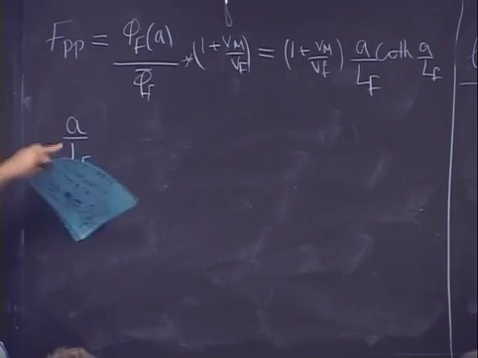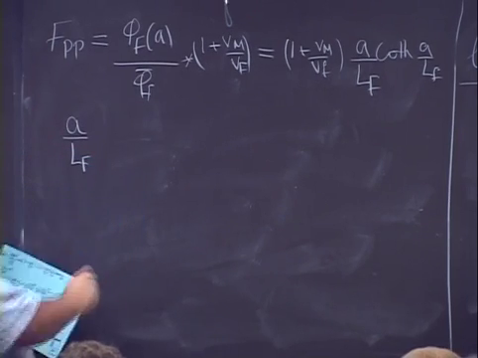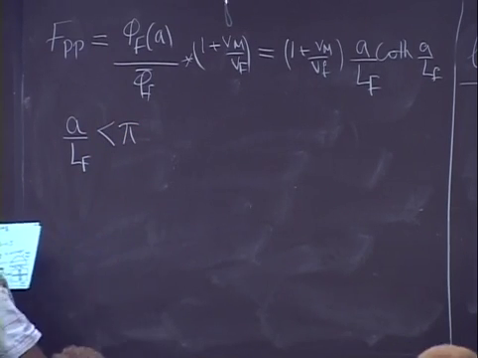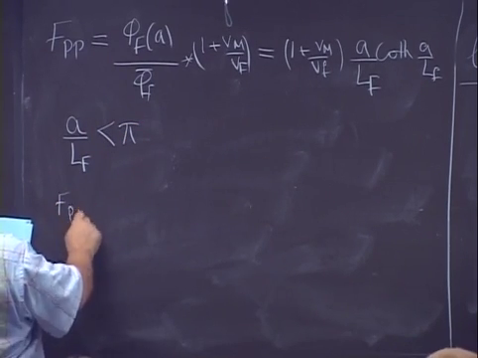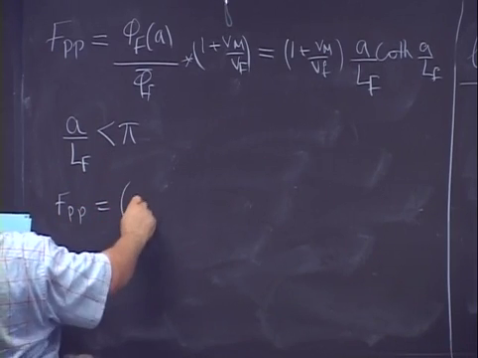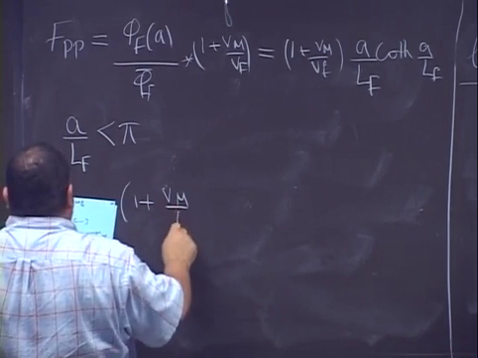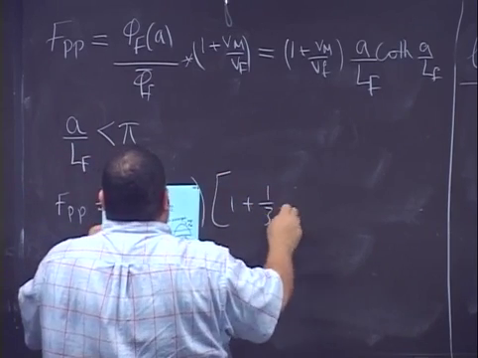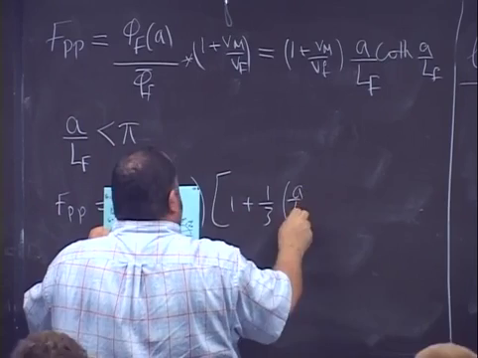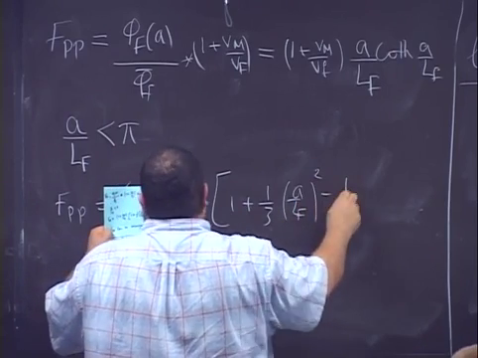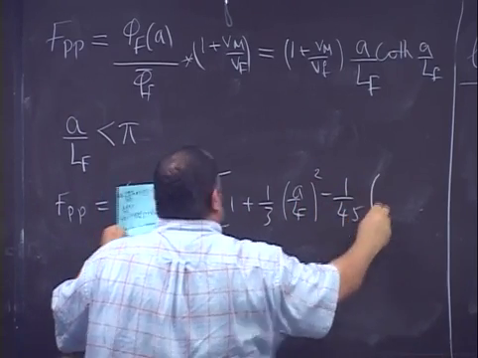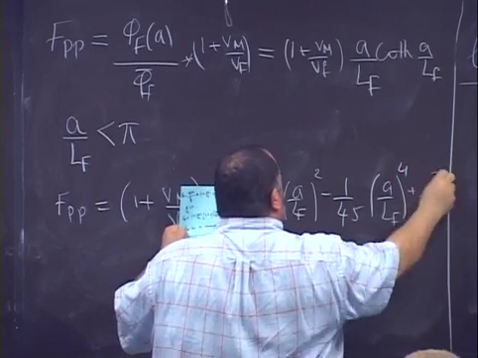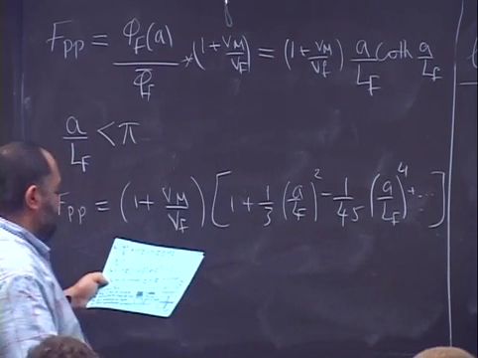If your fuel half thickness over the diffusion length is less than pi, you can simplify, and F will be equal to 1 plus VM over VF multiplied by 1 plus 1/3 (A over LF) squared minus 1/45 (A over LF) to the power of 4 plus and so on.